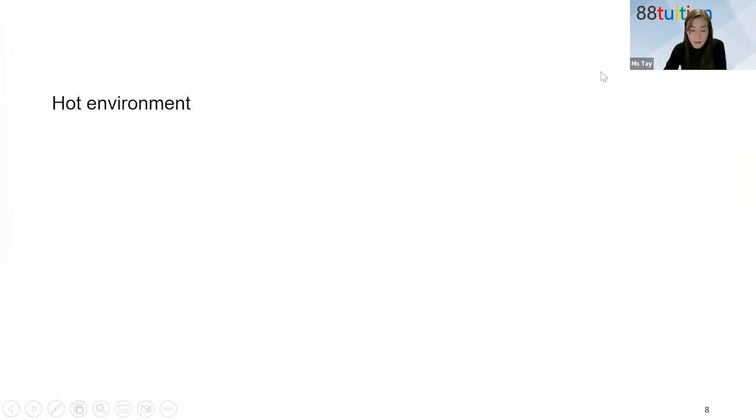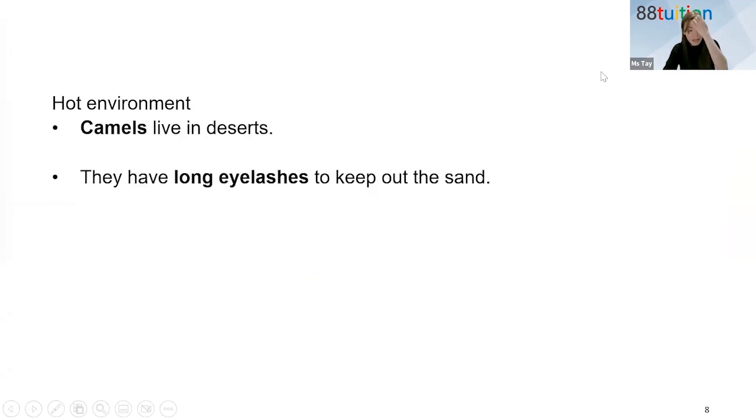Next. Camels also live in deserts. Do you know that camels have long eyelashes? Again, you can Google and find the diagram. Camels have very long eyelashes. Why? Because in the desert, there are strong winds also in the day. It's very, very hot, but you can get wind as well, and the wind will be very strong. Because there are no plants to cover the sand, when the wind blows, the sand is blown away, so it's always hanging in the air.